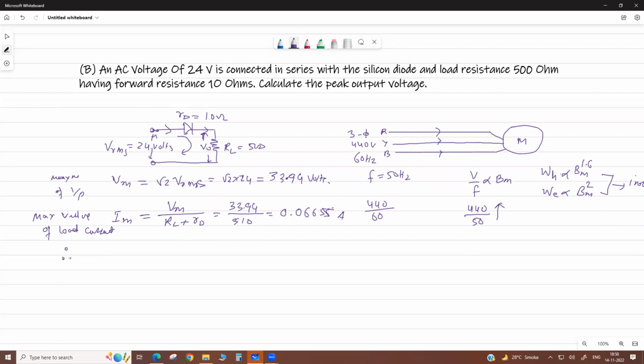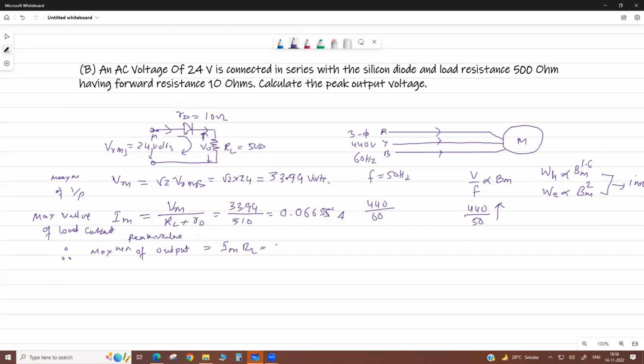Therefore, he is asking the maximum value of output voltage, the peak value. Peak value means maximum value. Very simple. Peak current into load resistance, because RL we add here, no?